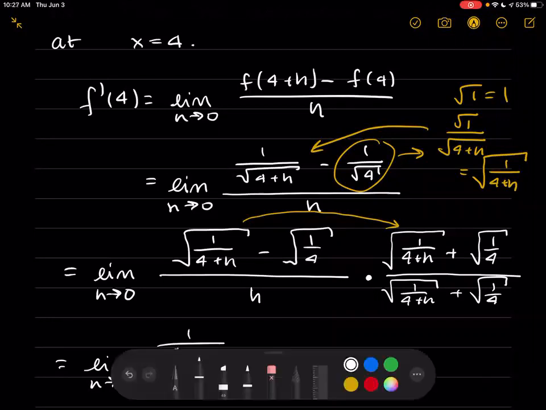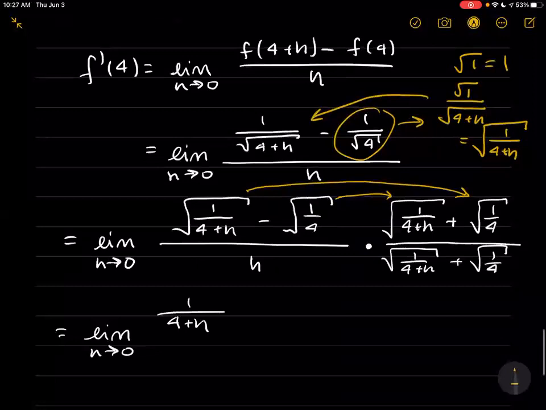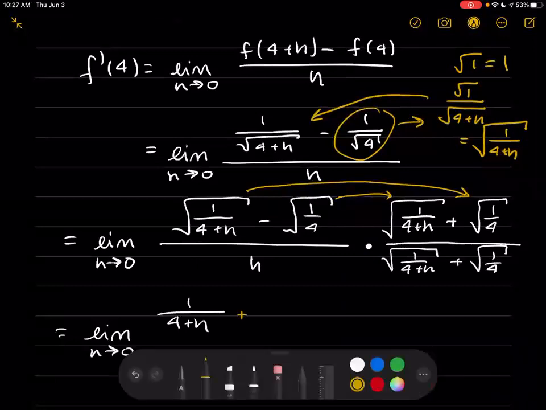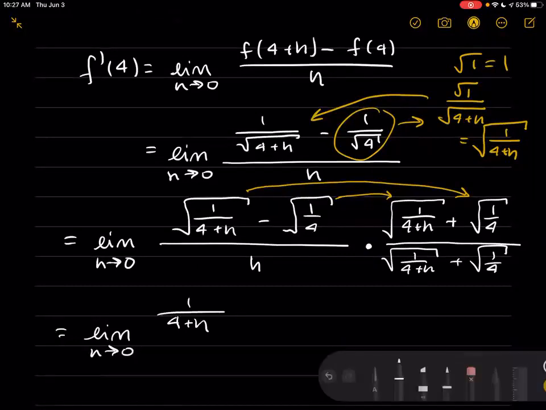And then when we do this, square root of 1 over 4 plus h times square root of 1/4. And then this will be minus the square root of 1 over 4 plus h times the square root of 1/4. So we're just adding, subtracting the same thing. So that's going to be 0. But let me go ahead and write that out so we don't get too confused.